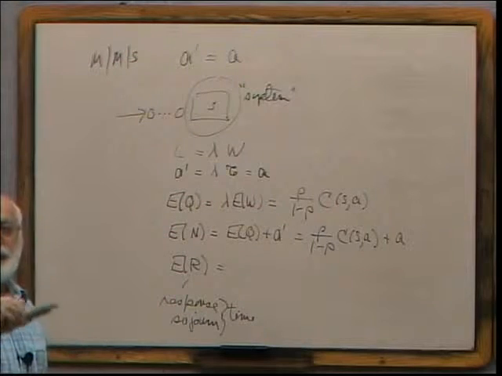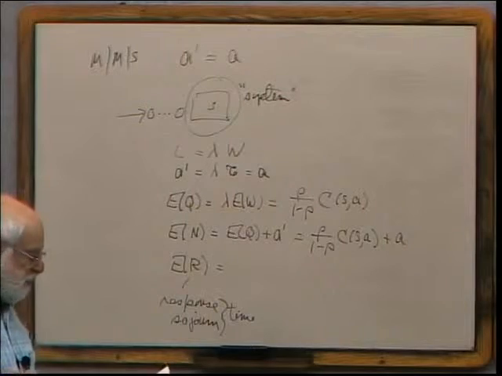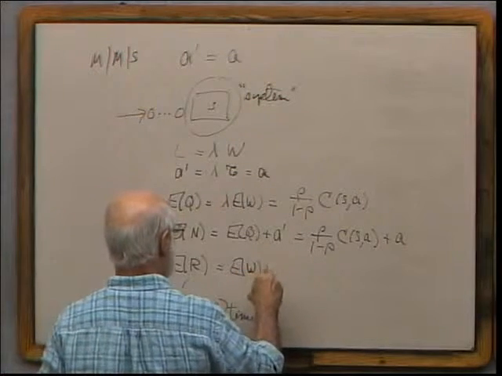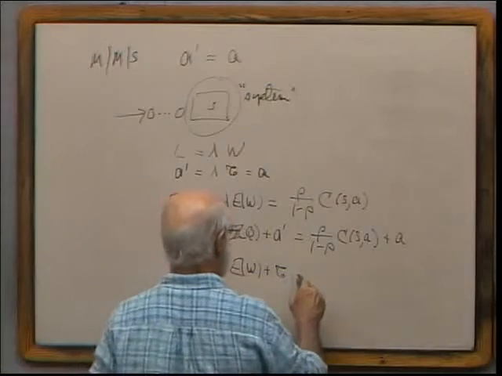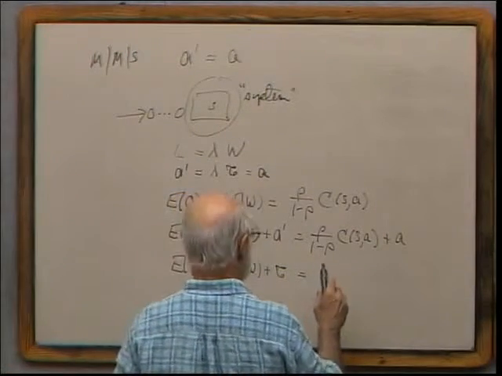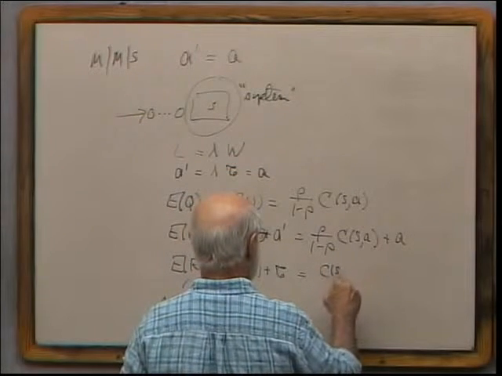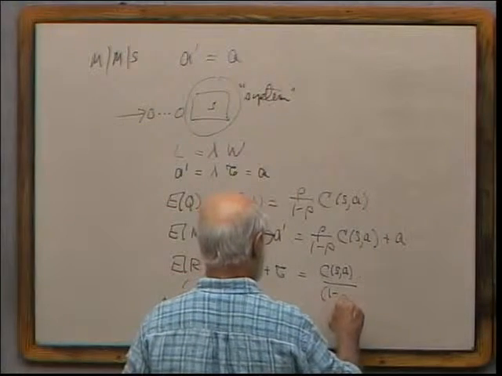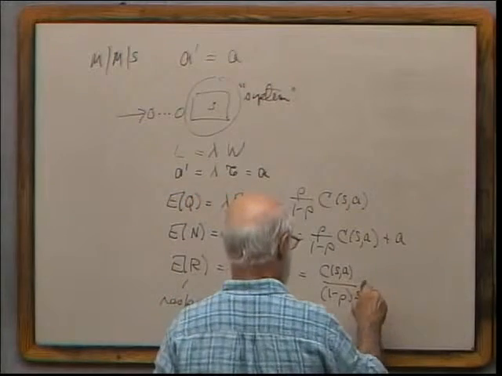So it's a sum of his waiting time plus his service time. So that would be the expected value of W plus his average service time tau. And that turns out to be equal to, therefore, C of S, A divided by 1 minus rho S, that's the average waiting time, times tau, plus tau.